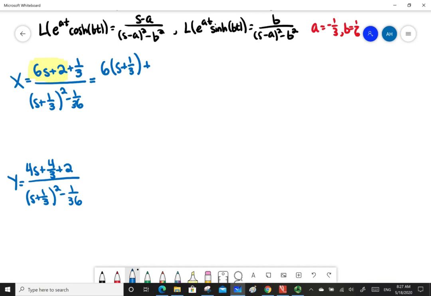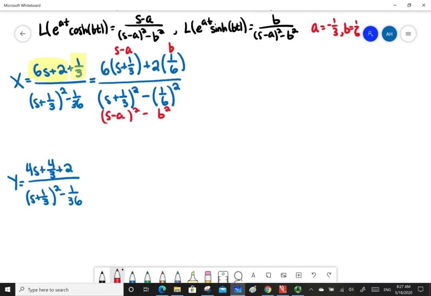So I'm also going to factor a 2 out of the 1/3 to write this as 2 times 1/6. Again, that's so that I have an s minus a piece and a b piece in the numerator. Then my denominator is pretty much already written the way it needs to be. We have the s minus a squared minus b squared to match the denominator of our Laplace transforms at the top.